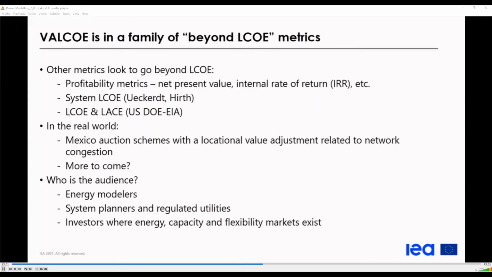In the real world, we have some application of very similar concepts in some auctions in Mexico, for instance. So to conclude on this concept, it's really part of a bigger family of beyond-LCOE metrics that aims at providing useful information for energy modelers, system planners, and investors.